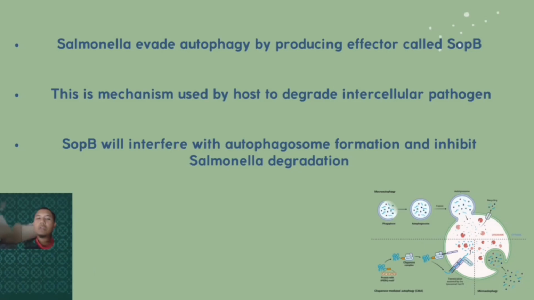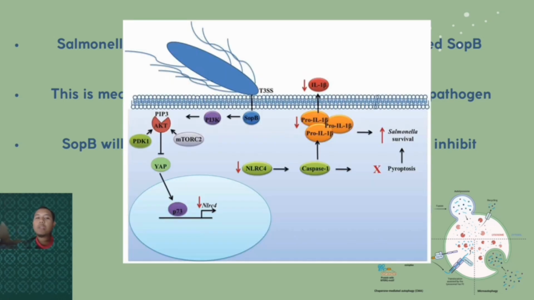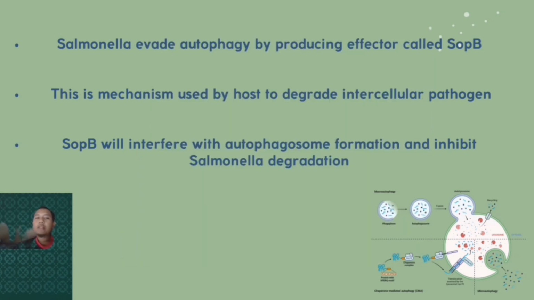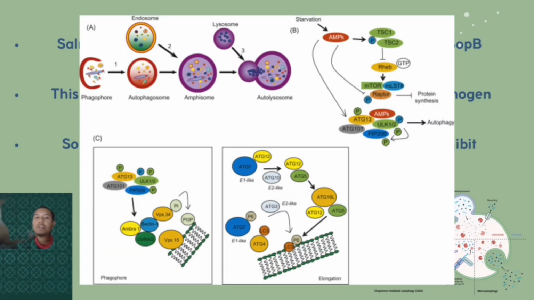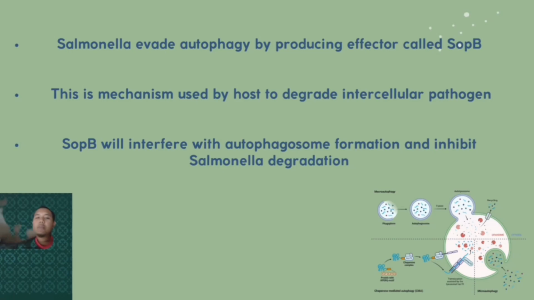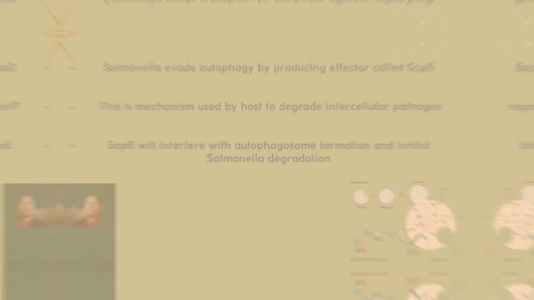Moreover, Salmonella can evade autophagy by producing an effector called SopB. Autophagy is a mechanism used by hosts to degrade intracellular pathogens. SopB will interfere with autophagosome formation, thus inhibiting Salmonella degradation.